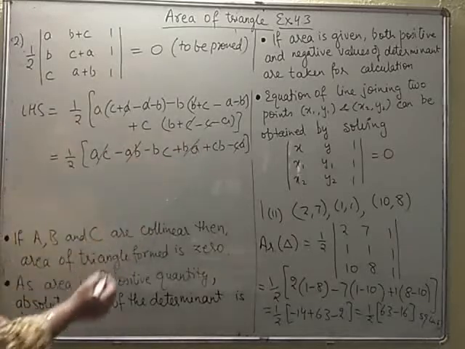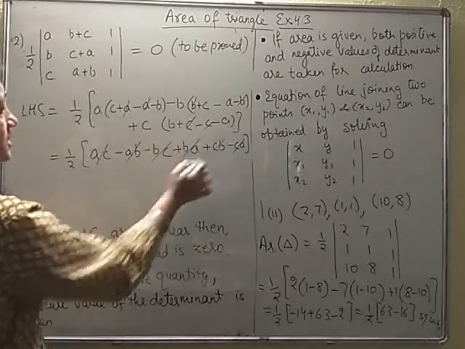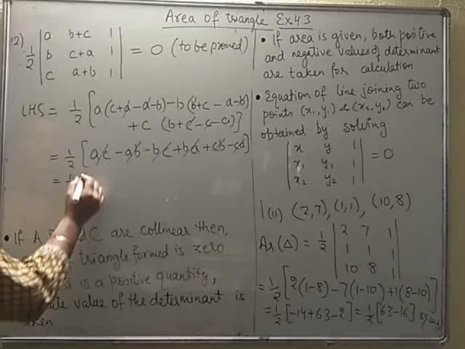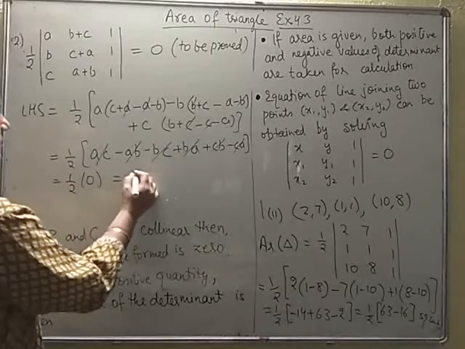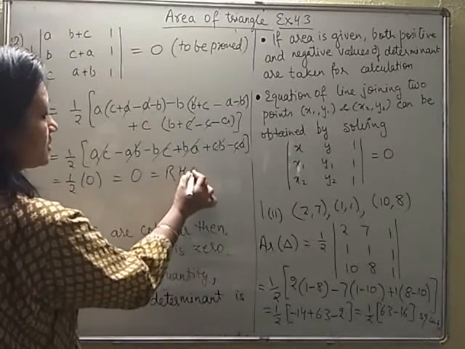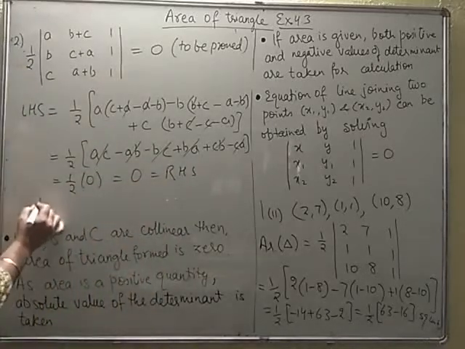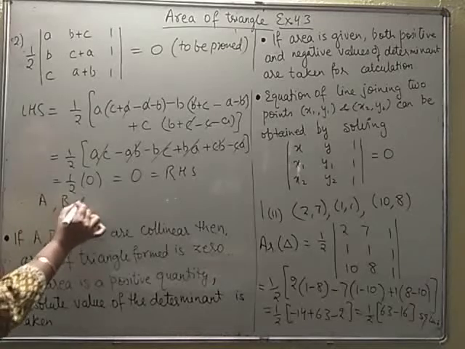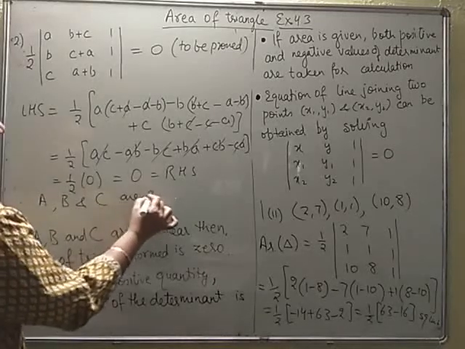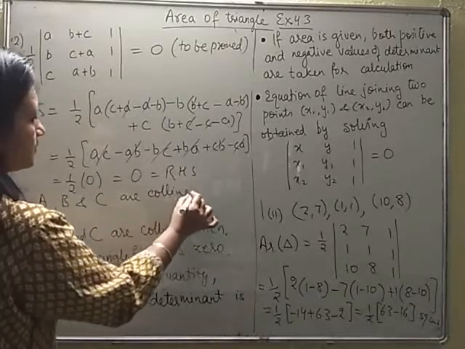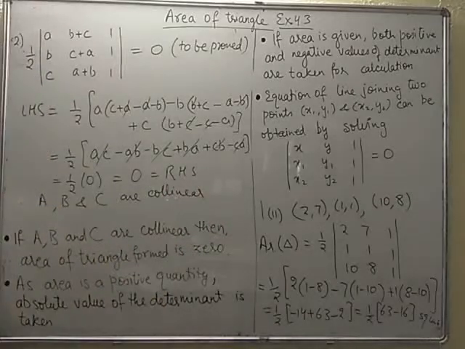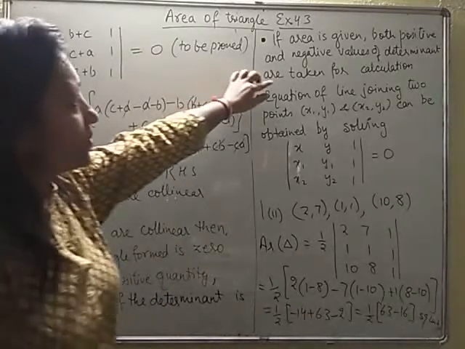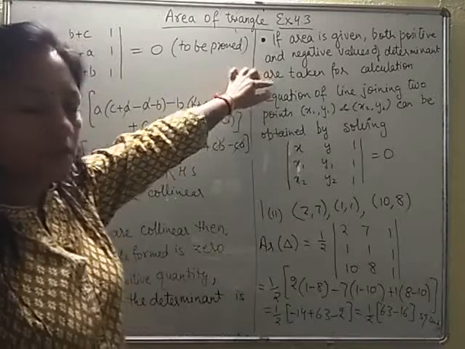Minus AB plus AB, minus BC plus BC. So it is half times 0, which comes out to be 0. That is the right hand side. Therefore, we can say A, B and C are collinear. Done. Now let us take another question which explains this third point clearly.